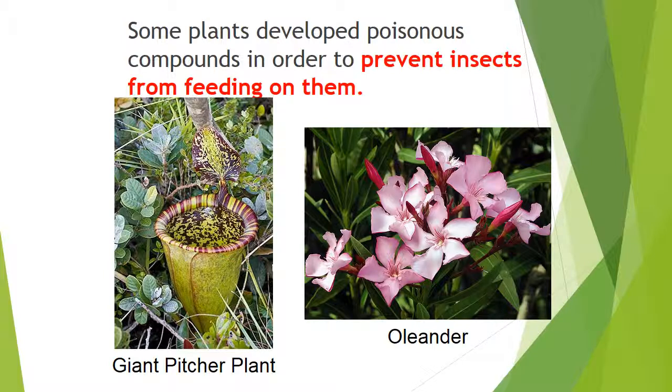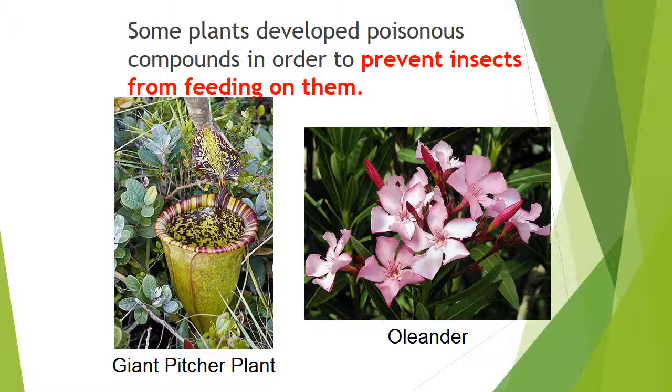So some plants have evolved to be poisonous to prevent insects from feeding on them, and these are examples of coevolution as well. For example, on the left-hand side, you have a giant pitcher plant. Organisms will try to get its nectar, but what happens is the inner walls of the pitcher plant are slippery, and in the bottom of that pitcher plant, this plant has a pool of digestive enzymes that are also a part of its nectar.